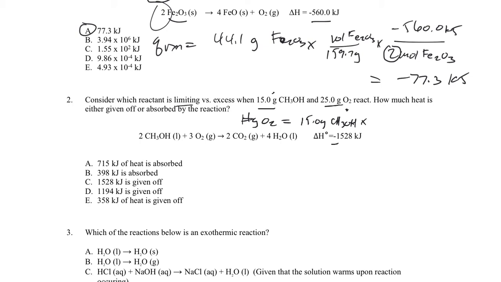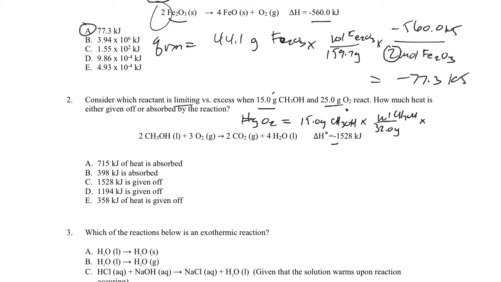So I'm dividing that by the mass of 12.01 plus 1.008 times 4 plus 16. So it's about 32.0 grams per mole of methanol. 12 plus 16 is 28 plus 4. Yeah, so about 32 grams.